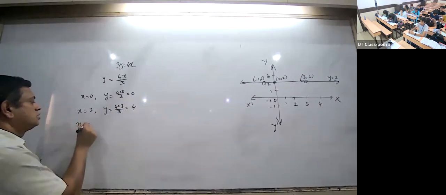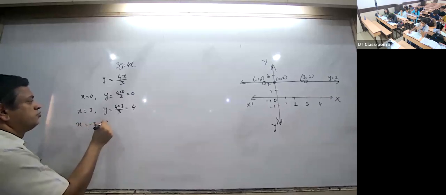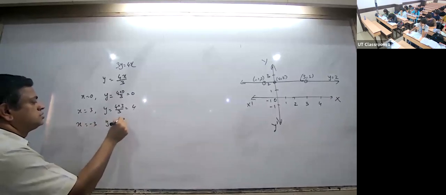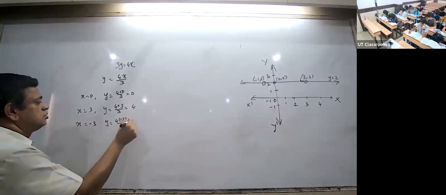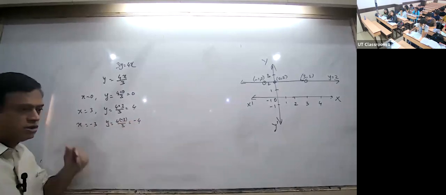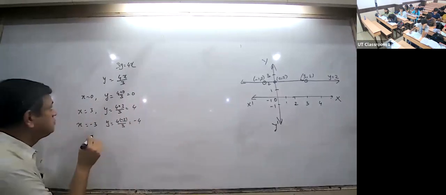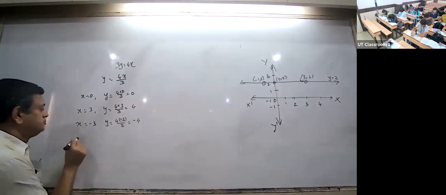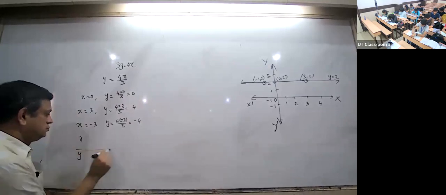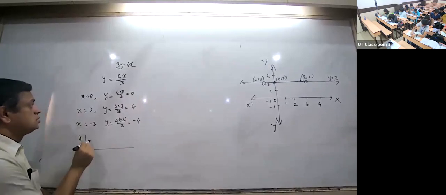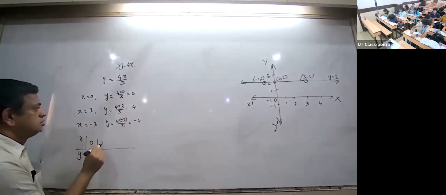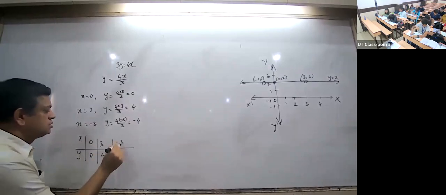If you subtract 3, y is equal to 4 into minus 3 by 3, which is equal to minus 4. So you got the values, now the table we can do. You should not wait for a long time. So 0, 0; 3, 4; minus 3, minus 4.